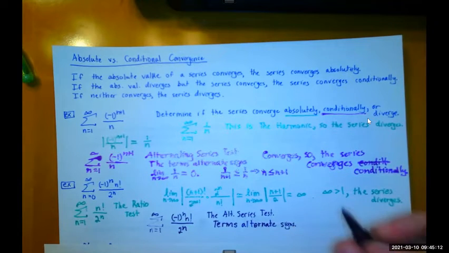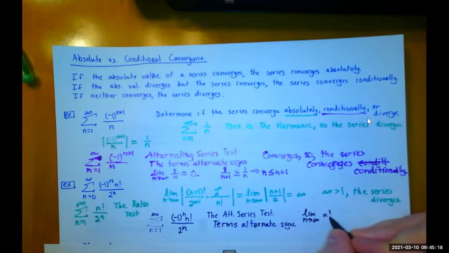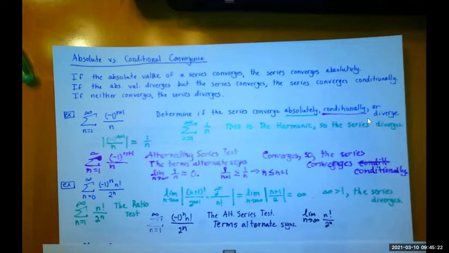Okay, so let's consider the limit of the absolute value of the nth term. So we have n factorial divided by 2 to the n. Does that equal 0? It does not equal 0. How come?